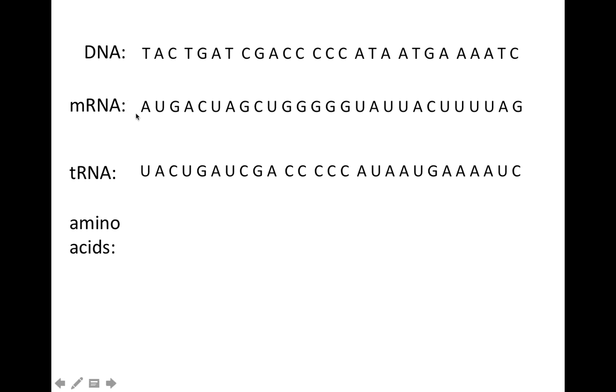So you're going to look up AUG, and then ACU, and then AGC, UGG, GGG, UAU, UAC, UUU, and then UAG. So that's what you will use to find your amino acids. Don't let this confuse you. You will always, always, always use your mRNA.